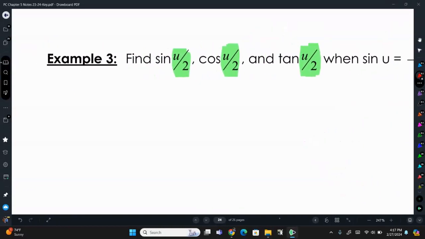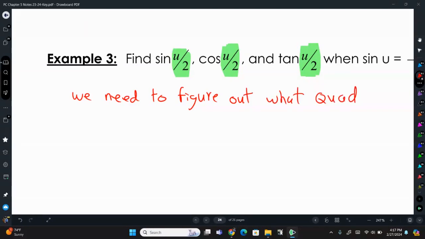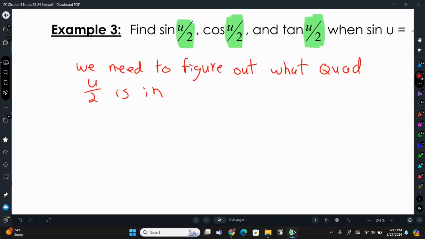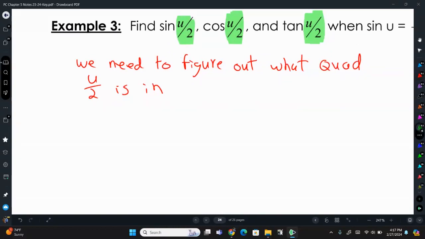So we need to figure out what quadrant u over 2 is in. So we were originally given that 3 pi over 2 is less than u, which is less than 2 pi.